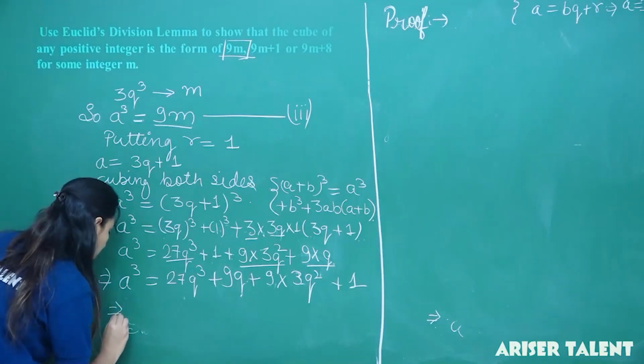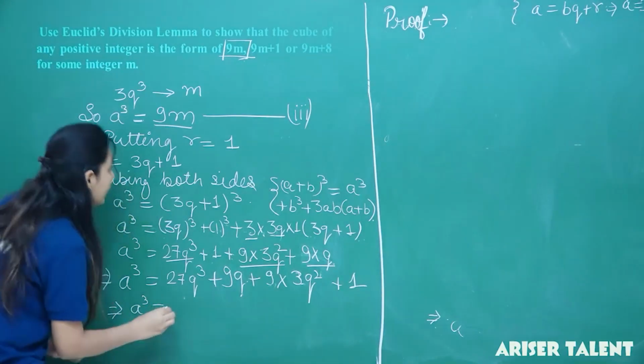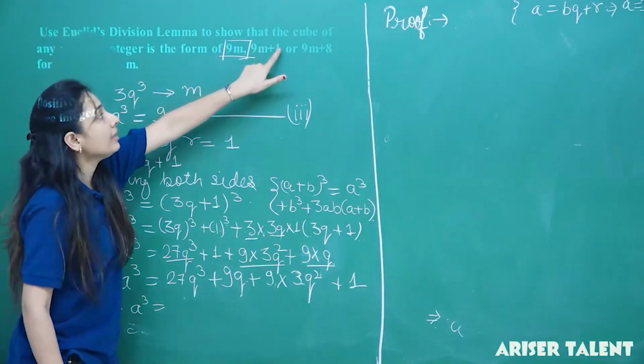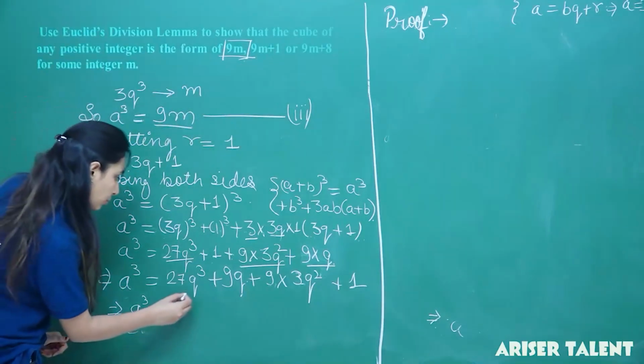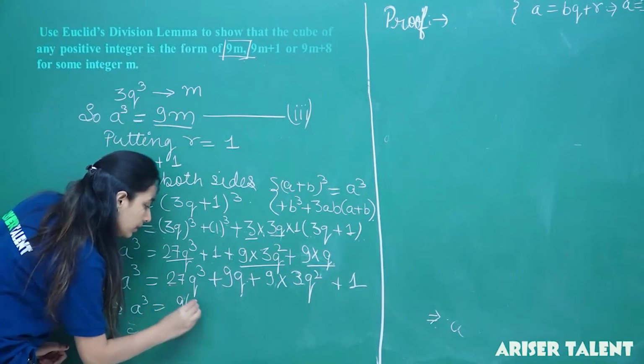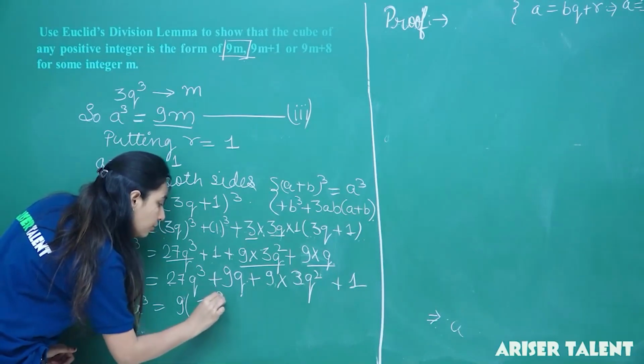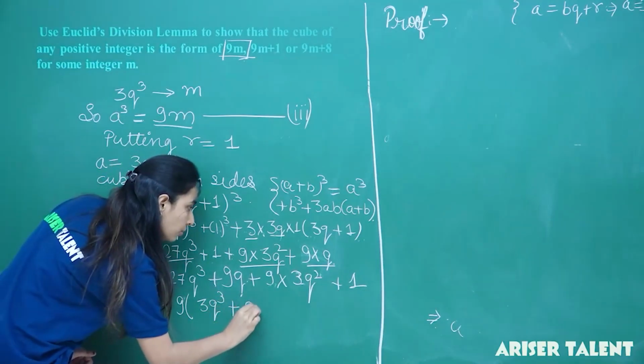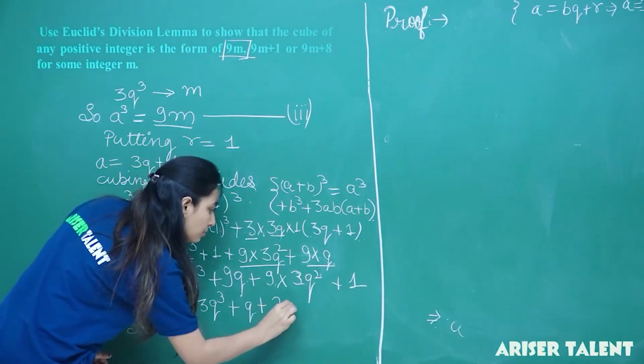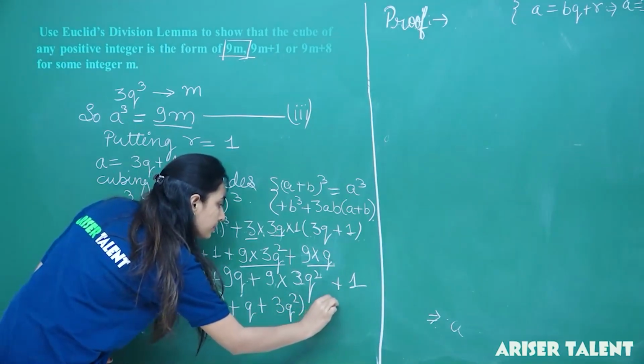Now again looking at our form, 9m plus 1. So we will take 9 common, then it will become 3q cube plus q plus 3q square plus 1.